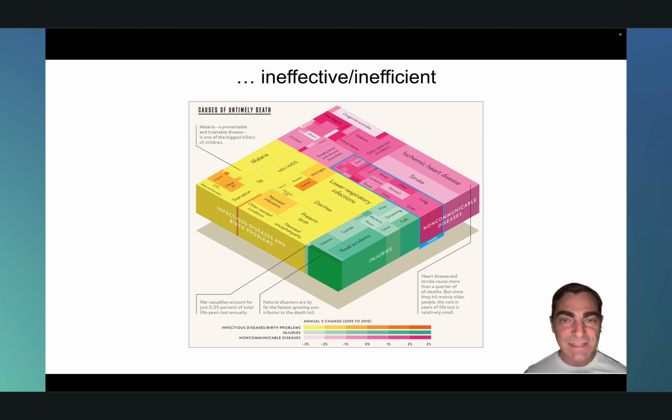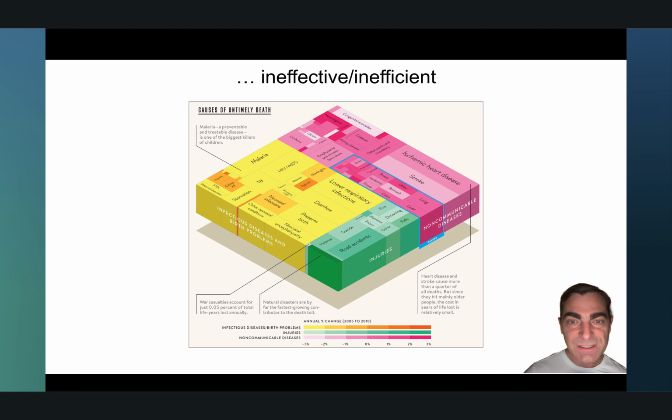Now the problem is that if I ask you to identify causes that had an increase or a decrease, it's really, really hard, because it's hard to distinguish between positive changes and negative changes. And as you can imagine, that's really important. So the choice of visual encoding, the colors used here to represent change, is not appropriate.